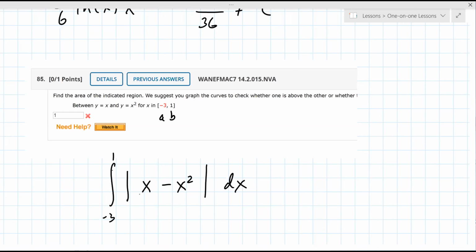Where's the absolute value button on it? I want to say it's under math. You were able to find it the other day. Oh, yeah. 13.67.